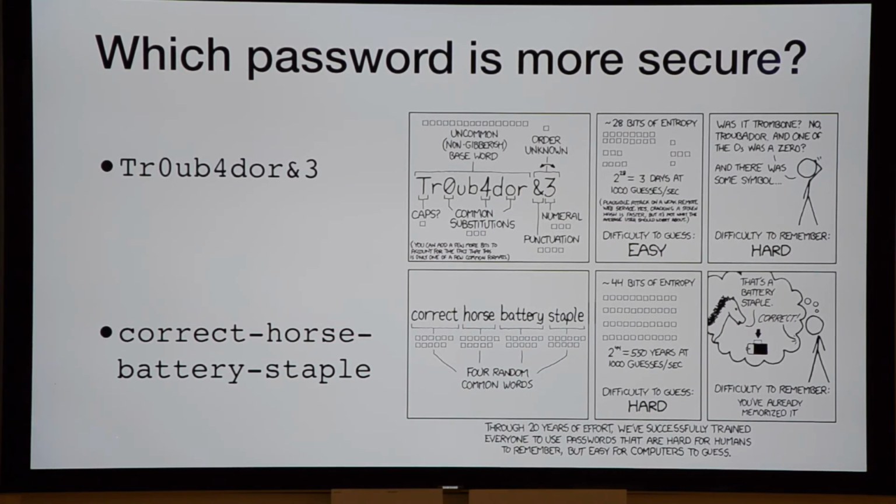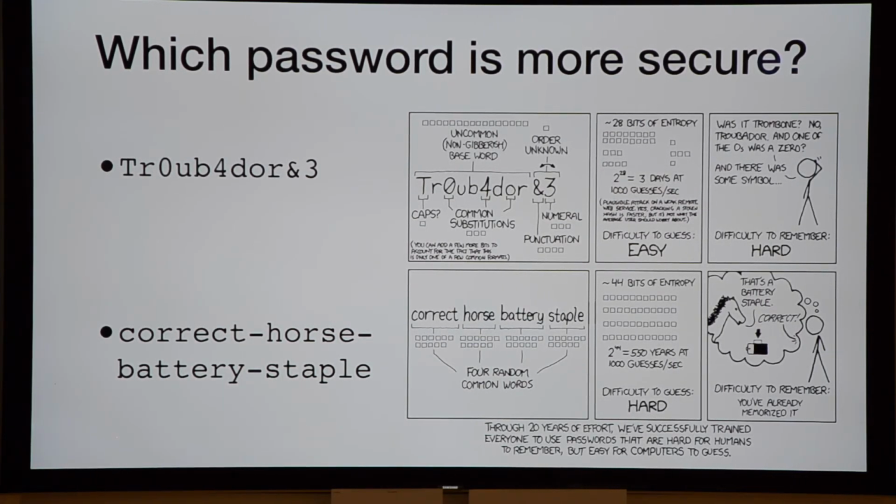So the comparison here is, if a computer would try to guess the first password with 1,000 guesses a second, it would probably take 3 days to get access. This is usually not the case because most systems will lock you out after the third fail, and then they will probably lock you out for 5 minutes.